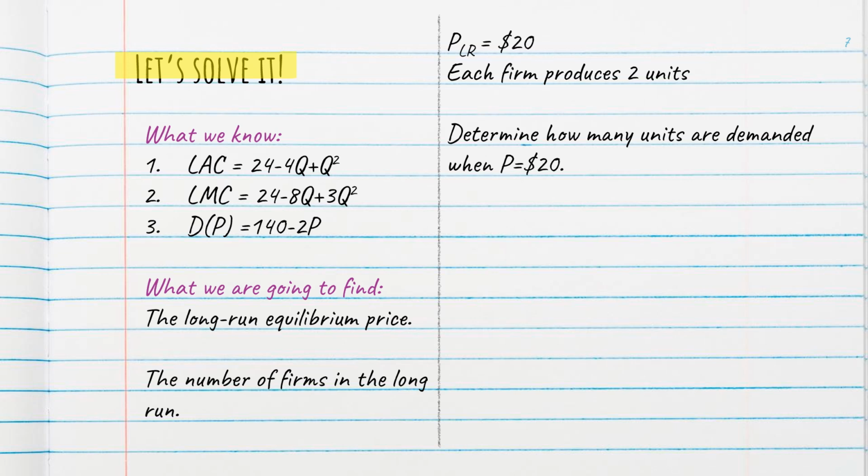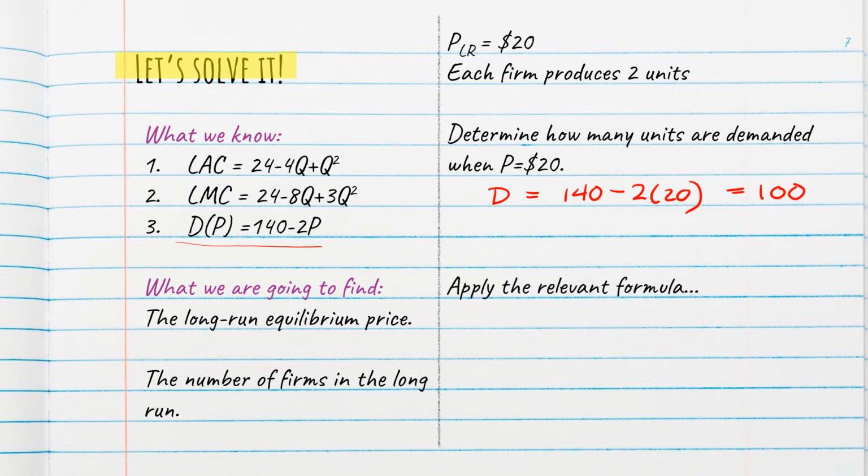And then we have to make sure that the number of firms is enough to produce that much. So how do I figure out the number of units demanded when the price is 20? I just plug 20 into my demand curve. So the demand is equal to 140 minus 2 times 20. 140 minus 40 is 100.